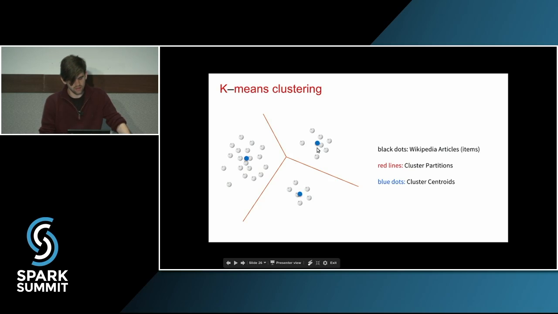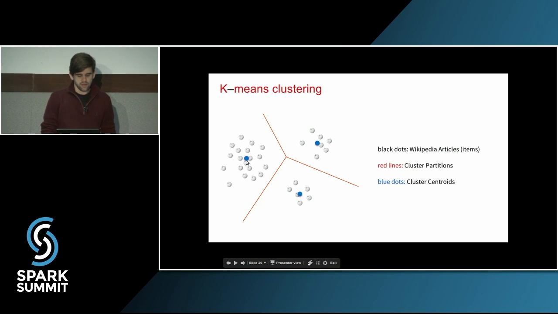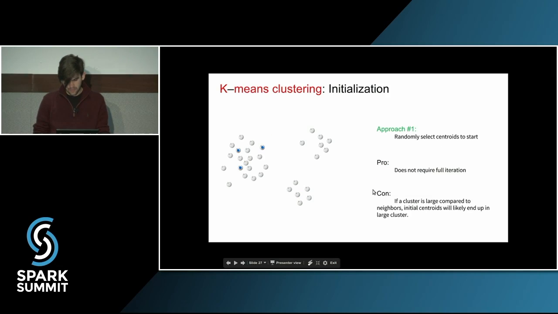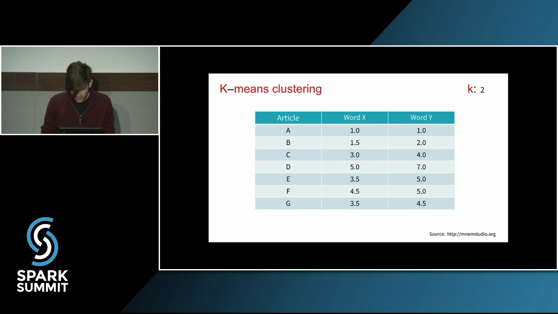We're going to be doing this in a much higher dimensional vector space where we can't visualize things, but what we're saying is that all articles closest to a particular centroid are going to be part of that cluster. Similarly for these, and that's what this partition is, right? So rather than step through this, I will just show a video.